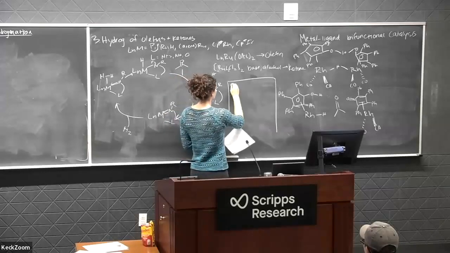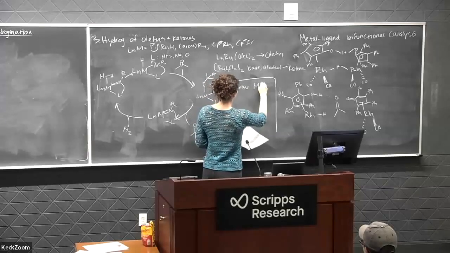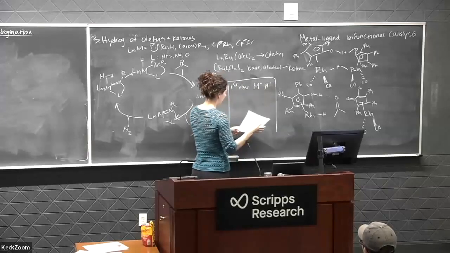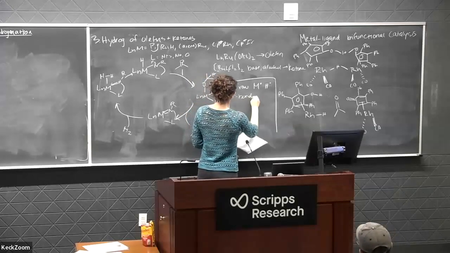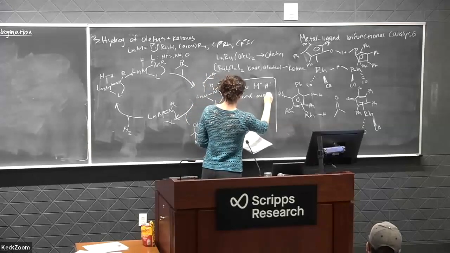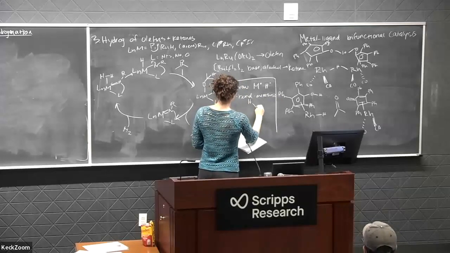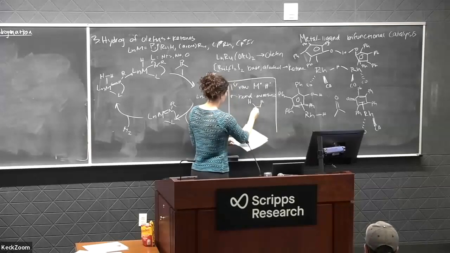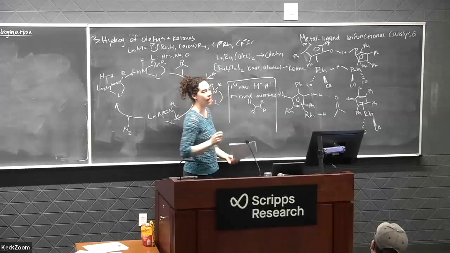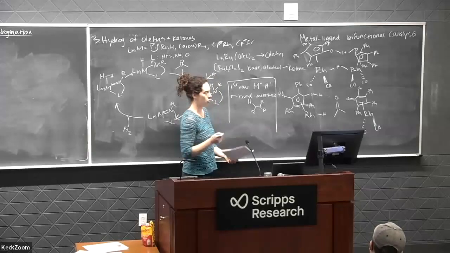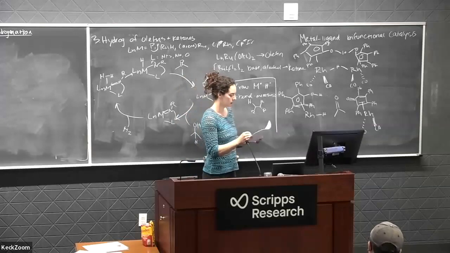So this is typically first row, metal radical, hydrogen radical, and then sigma bond metathesis can also enable hydrogenation. And then lastly, bimetallic hydrogenation, so meaning two different metals that are enabling hydrogenation.